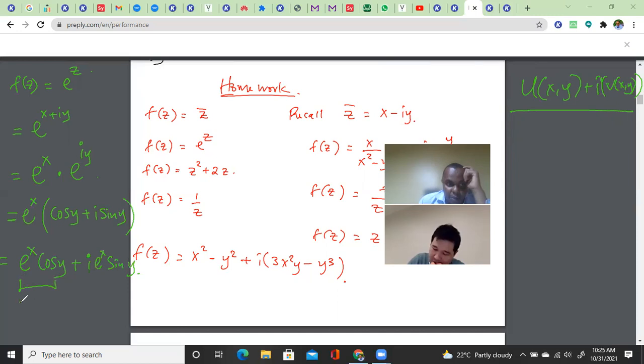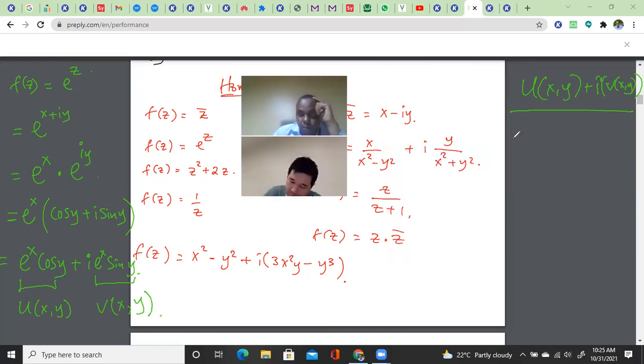Now you have your u function of x,y and your v function of x,y. Now we can find du/dx, and use the Cauchy-Riemann conditions.